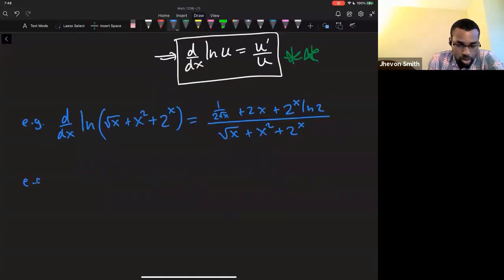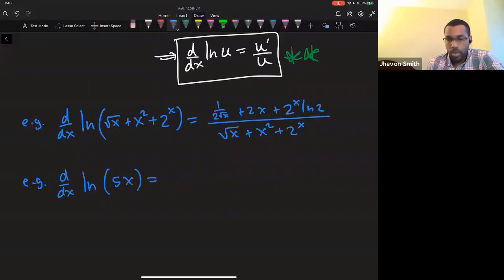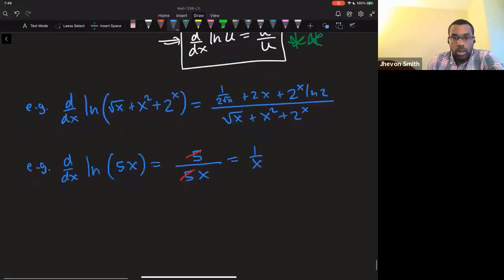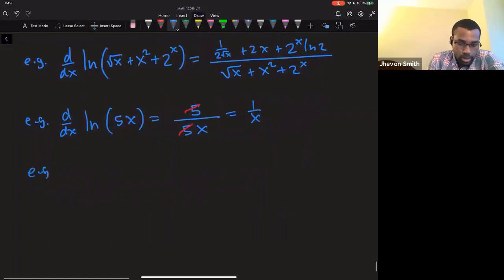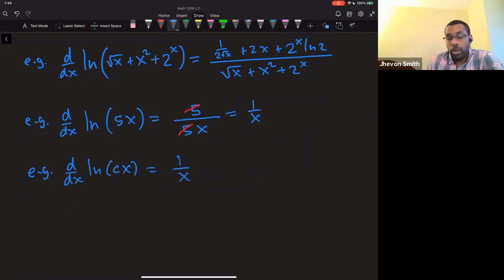Just to do a simpler example, if you have ln of, say, a constant times x, like say 5x, that is going to be the derivative of the inside divided by the inside. Notice that that will actually cancel. In fact, the derivative of ln of cx is always just 1 over x. For a multitude of reasons, not only by this rule, but because ln of cx, you can write it as ln of c plus ln of x.